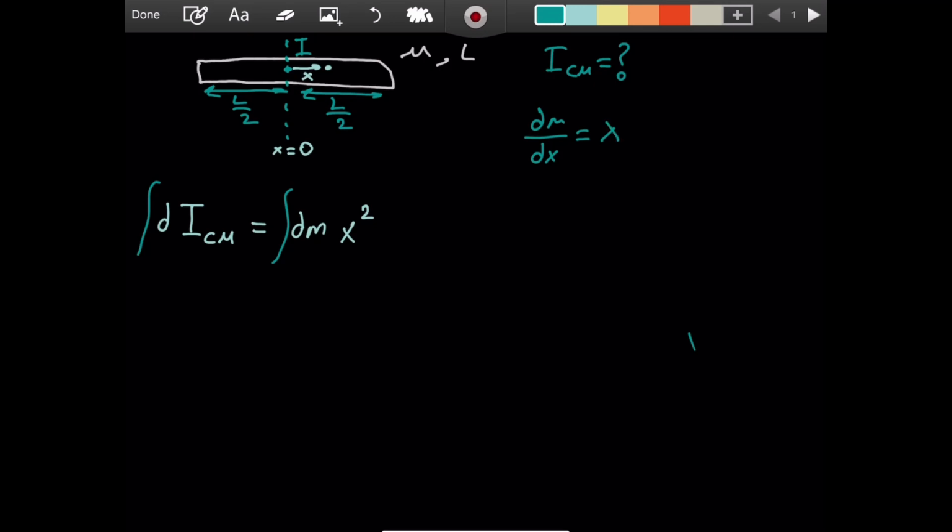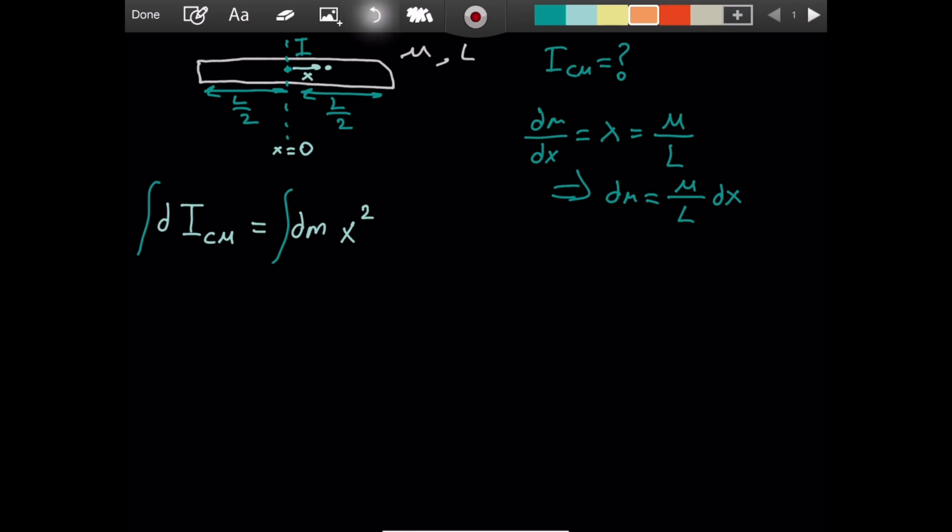Mass over distance gives you the linear density for the rod. And this is a uniform rod, so this density is the total mass divided by the total length. Which means that if we solve this for dm, dm equals capital M over capital L times dx. So we can substitute this here.